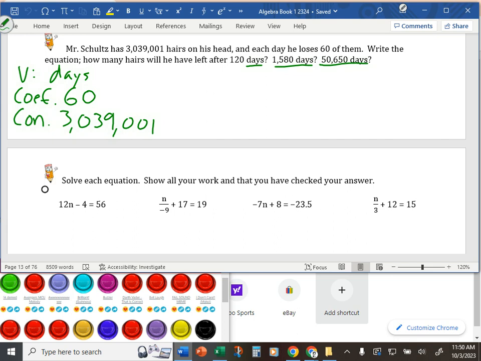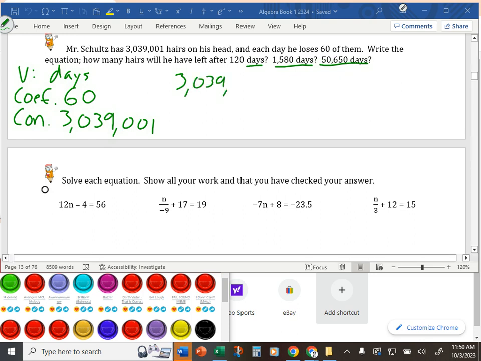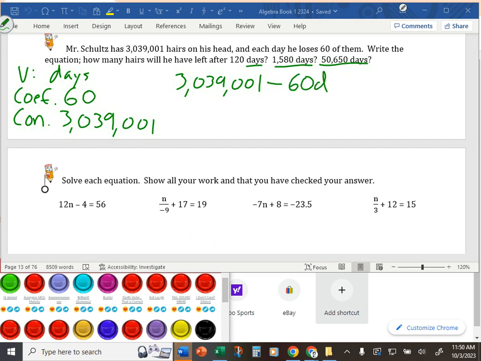We didn't put the word lose on our chart for subtraction, but if you lose something, it's gone. Subtraction. So when I write my equation, I can say I start with 3,039,001 and I lose 60 hairs every day. Okay? 3,039,001 minus 60D.